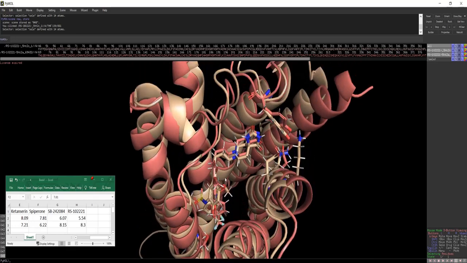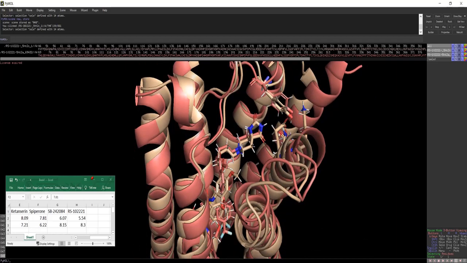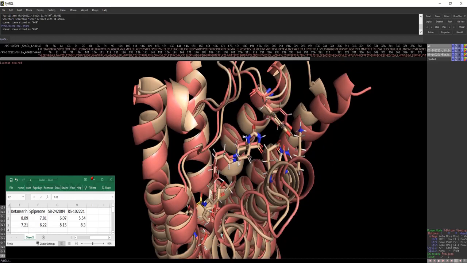But we can also extend this by looking at the extended binding pocket, pun intended, where we can see that same pattern of selectivity where the extended portion is binding towards helix 2. So this is similar to what was seen in SB242084, and this is also exactly what was seen in all the 5-HT2A selective antagonists as well.